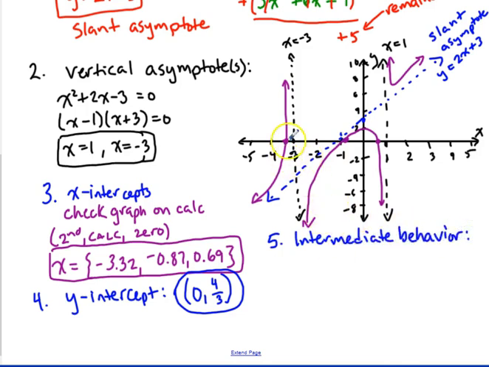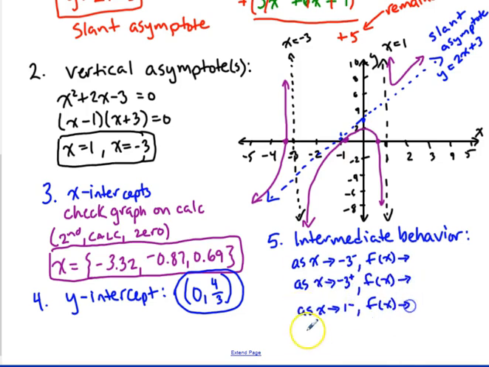So, what's happening to the left and the right of each of those two vertical asymptotes? See if you can figure this out, and then play the recording when you're ready. Okay, so if you didn't yet pause the recording and work these out, please do that.